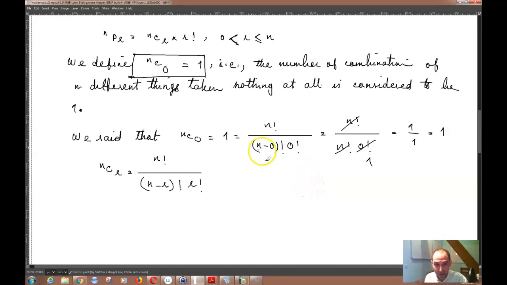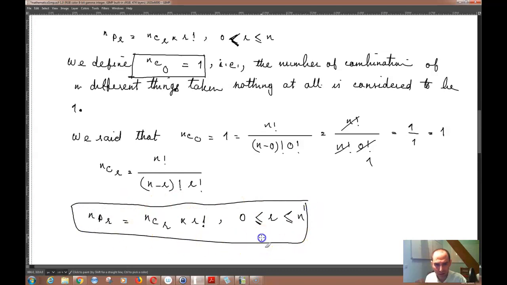Of course, it has nothing to do directly with what I did here, but it means that we have already defined r equal to 0 in this formula as well. So I can say that n permutation r is the same thing as n combination r times r factorial, where 0 is less than or equal to r. There was no equal here before, there was only less than or equal to n, right?